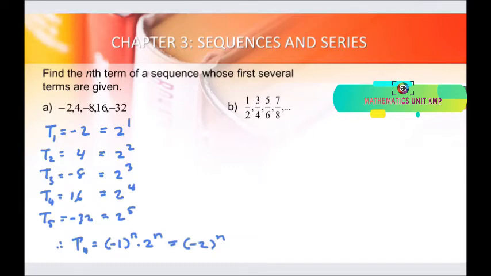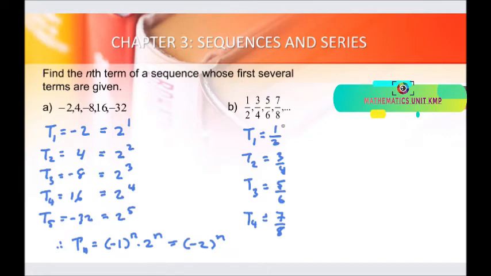Let's look at the second sequence. 1 over 2, 3 over 4, 5 over 6, 7 over 8. So to make it clear, let's write in terms, first term, 1 over 2, 3 over 4, 5 over 6, and 7 over 8.